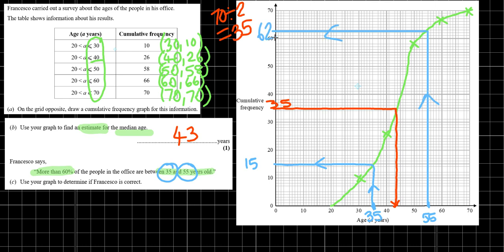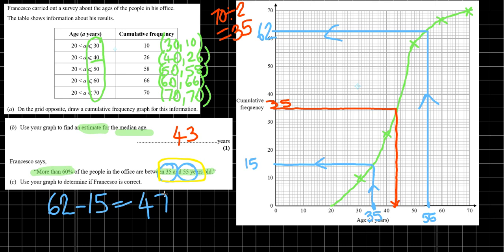So the age group 35 to 55 is going to be 62 minus 15, which would give us 47.